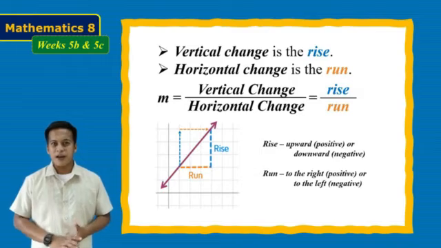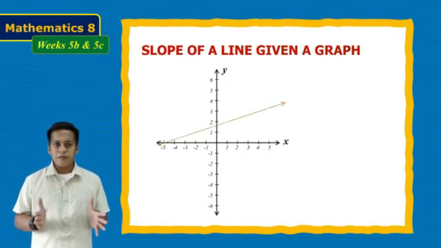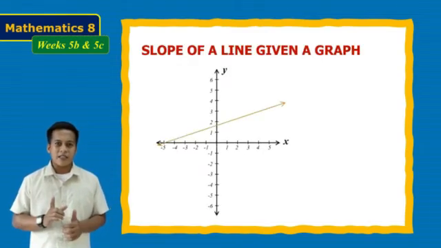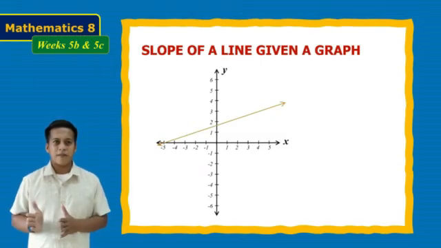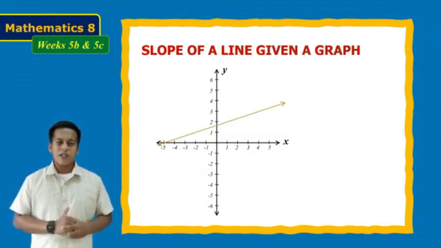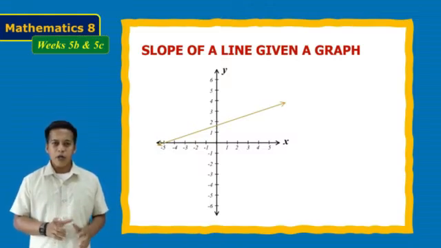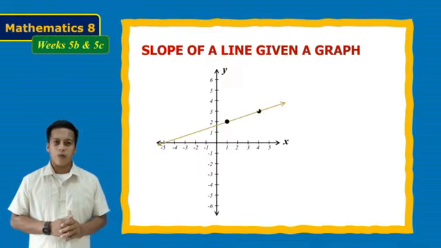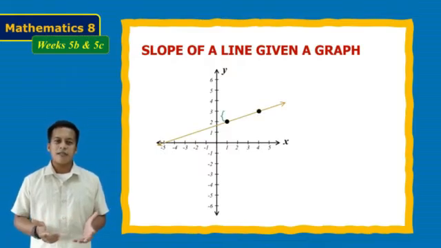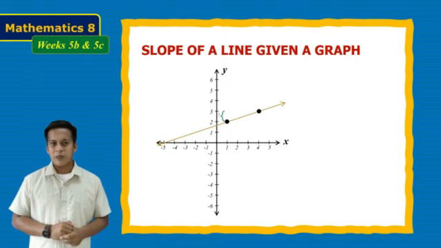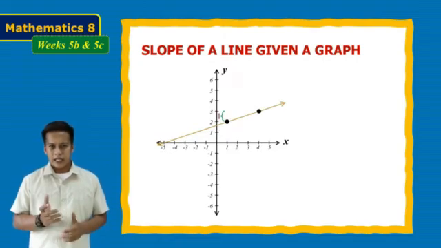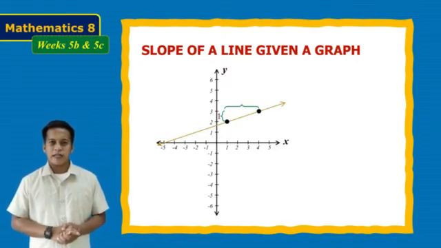Let's observe this graph. We observe that the graph rises from left to right. Using the definition of slope, which is rise over run, from point 1, we count 1 unit upward. That means the rise is positive 1. Then count 3 units to the right.